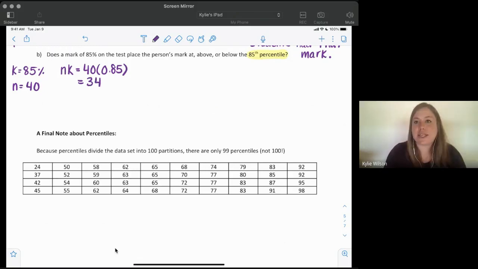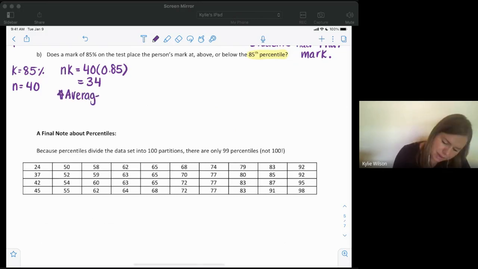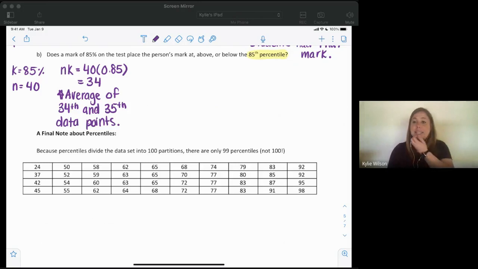Now, just like last time, because we have an even number when we multiplied NK, we have to take the average of the 34th and 35th data points. Just like last time.